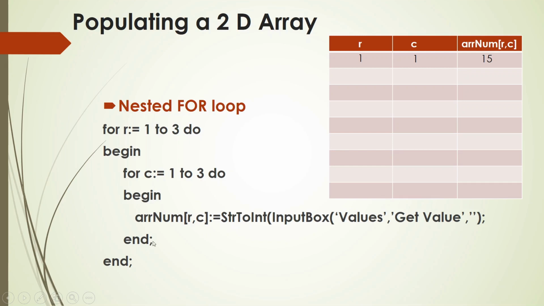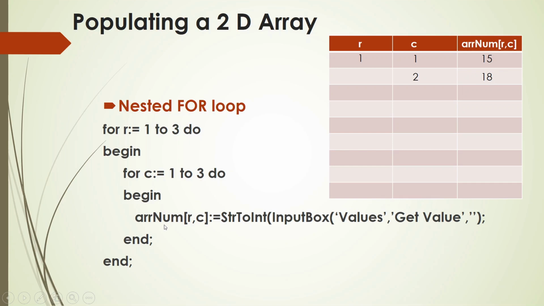I hit this end and I go back up, and my C loop is incremented and C now goes to 2. I am now getting a value into ARR num of 1, 2. The first row, second cell. I'm inputting a value via the input box and the value is 18.